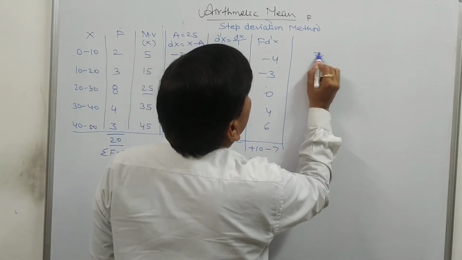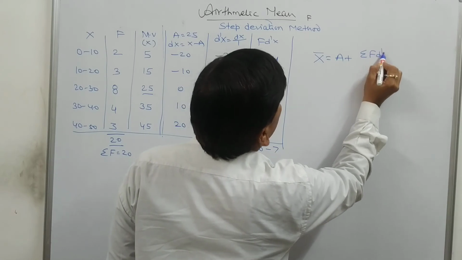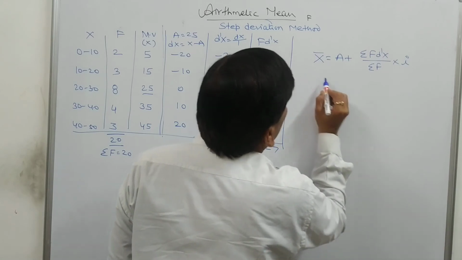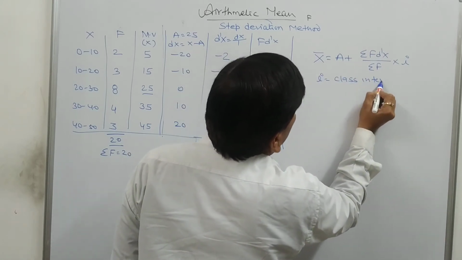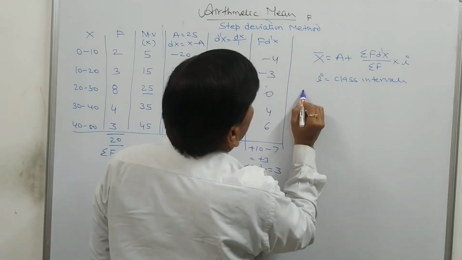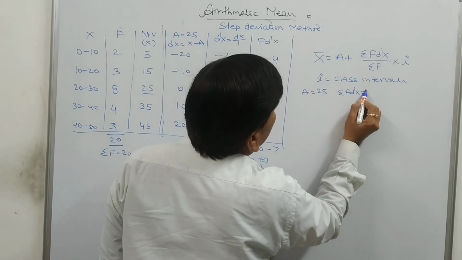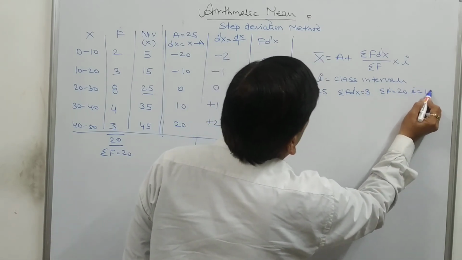The formula for that: x bar is equal to assumed mean plus sigma f d dash x divided by sigma f, multiplied by i, where i is the class interval. We have already discussed that the value of a is assumed. Sigma f d dash x is calculated as 3, sigma f is 20, i is equal to 10.